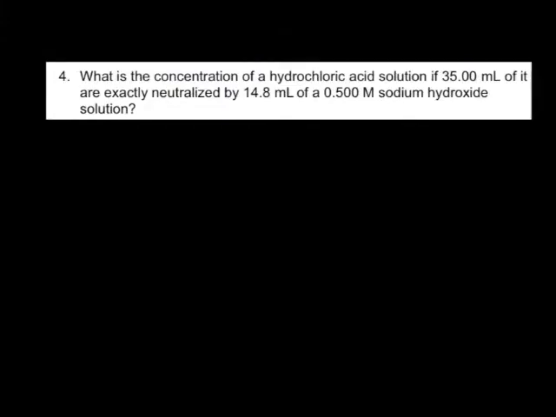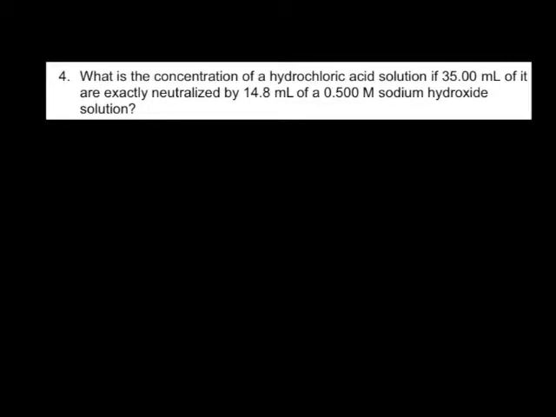One of the ways that titrations can be used is to determine the concentration of an unknown. So by preparing a standard solution and using the titration process, we can use the concentration of a known solution to find the concentration of an unknown. So it could look a little something like this.